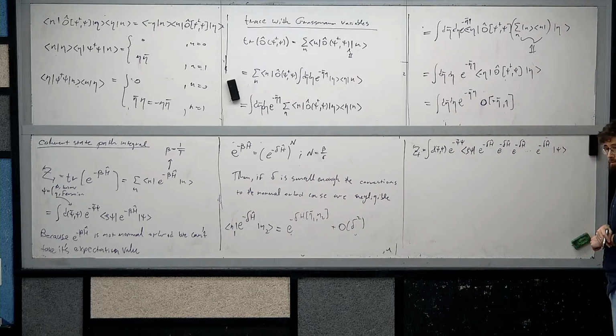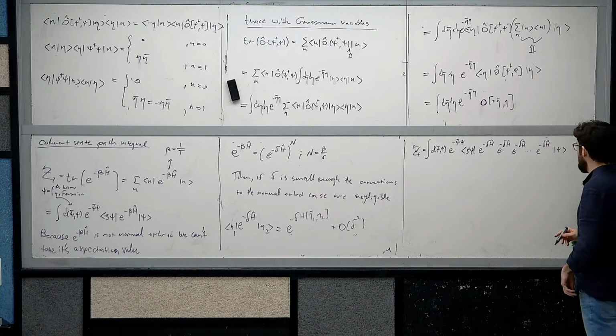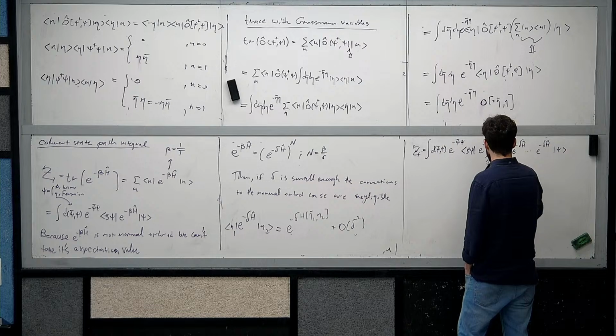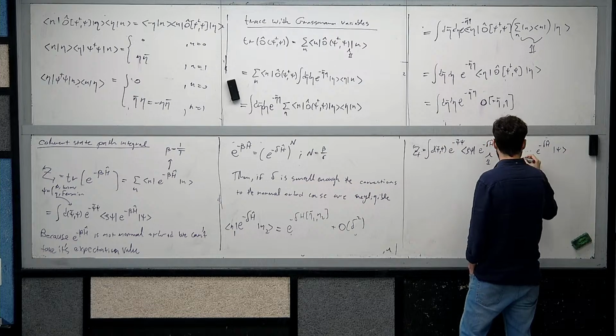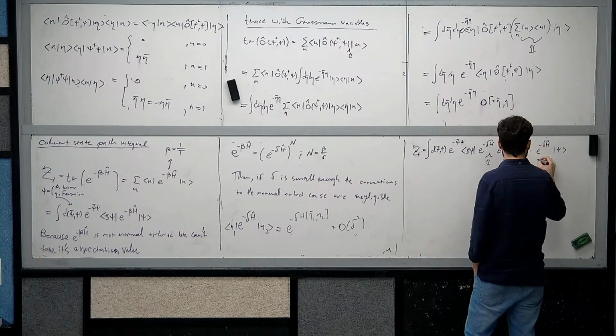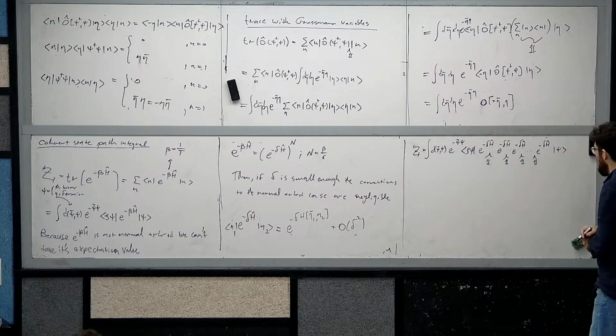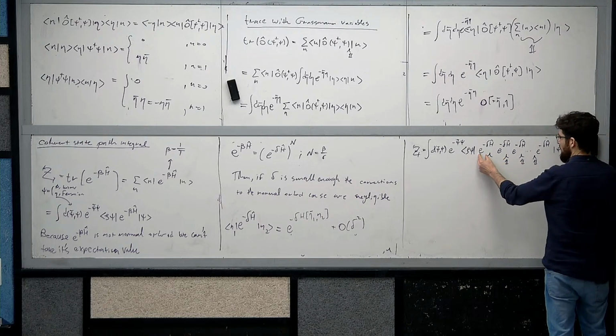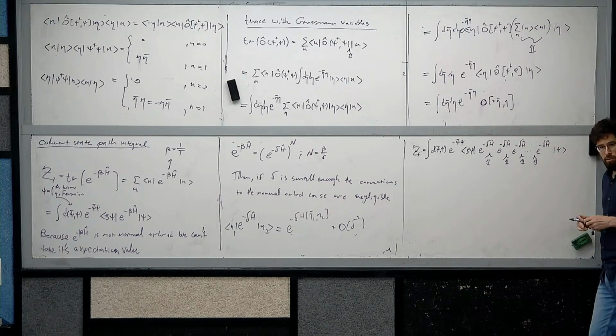That's n times. Now I'm going to stick a resolution of identity here, here, here, and here. So if there are n of these, then there are n minus 1 resolutions of identity.